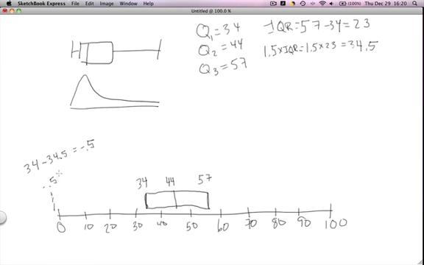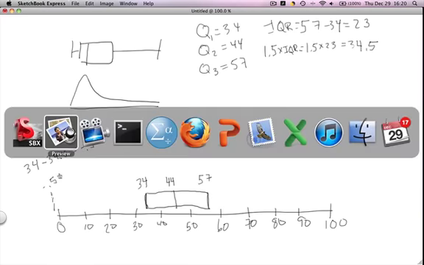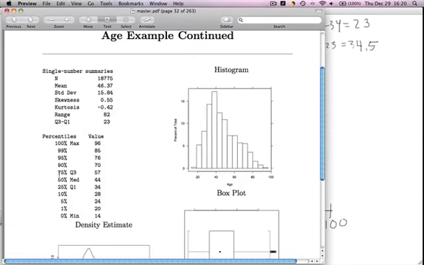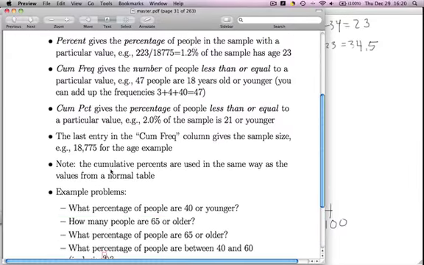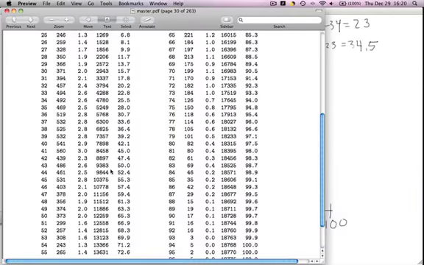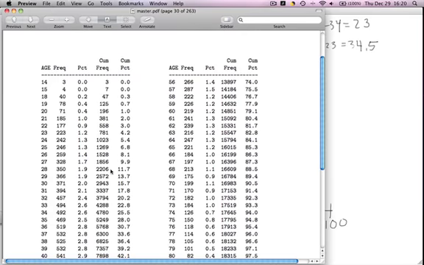Now, does it make any sense to have a whisker at minus 0.5? Remember, we're trying to capture the notion that most of the data should fall between the whiskers. Well, it doesn't make any sense because we have nobody in the sample who's minus 1/2 years old. Therefore, what we're going to do is take the smallest value in this distribution that is greater than minus 1/2, and that happens to be the value 14.